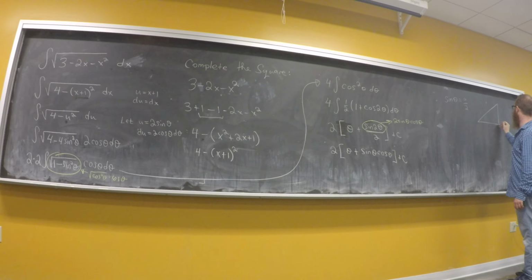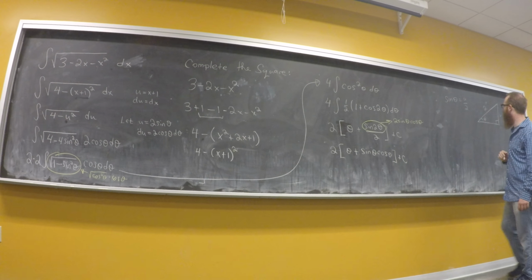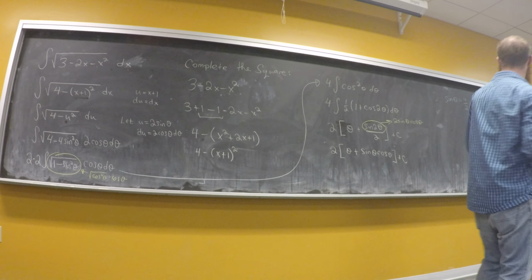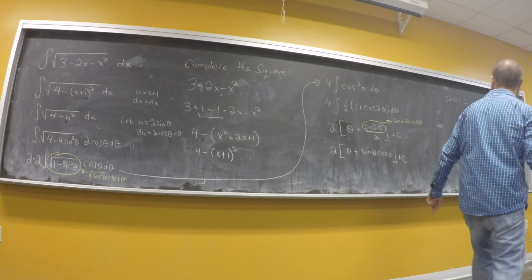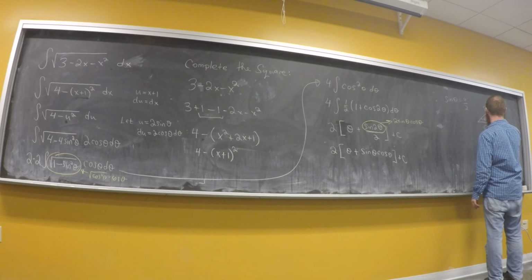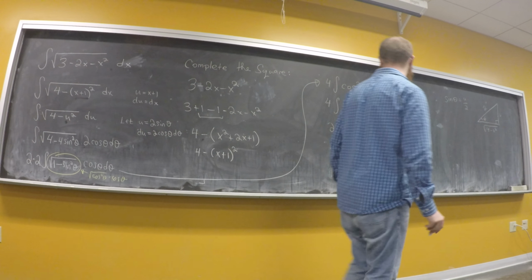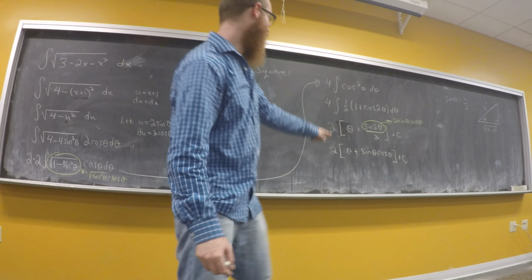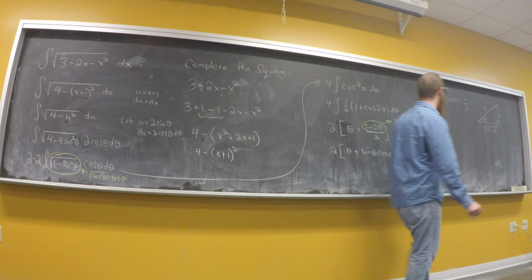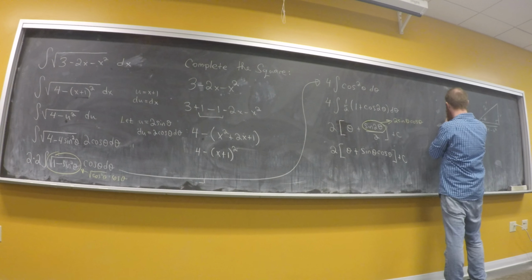So we're going to put u on the opposite side, 2 on the hypotenuse. And so our adjacent side will be the square root of 4 minus u squared. So for cosine of theta here, we can use the adjacent over hypotenuse.